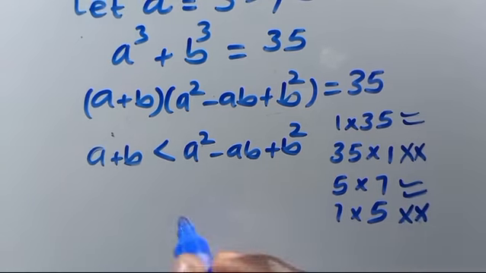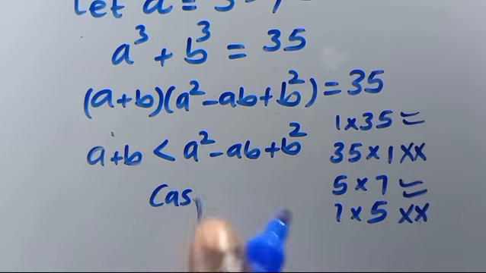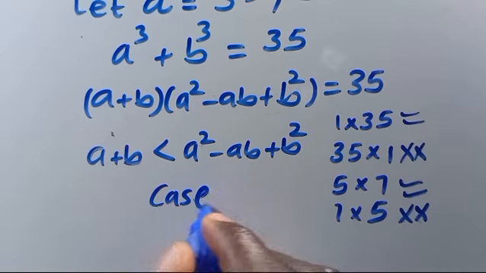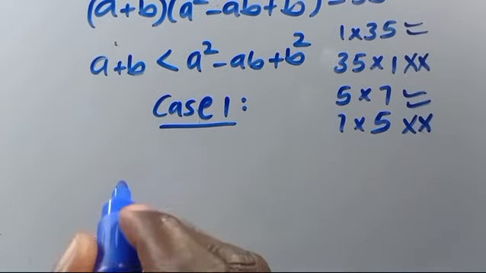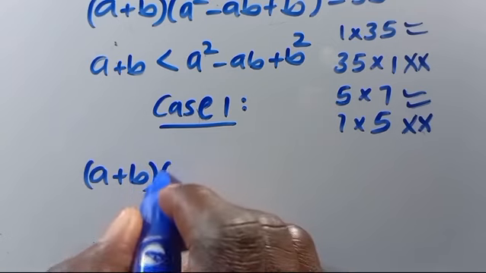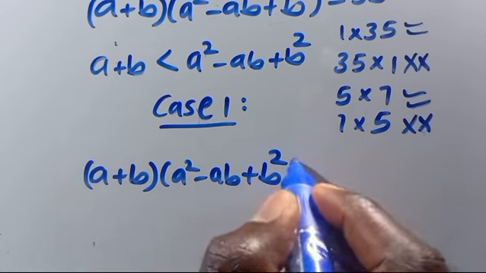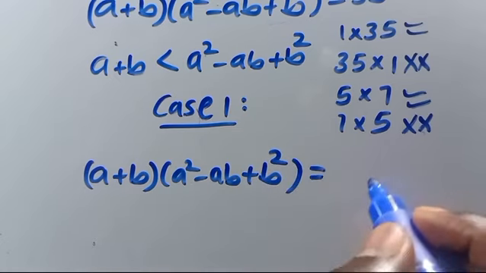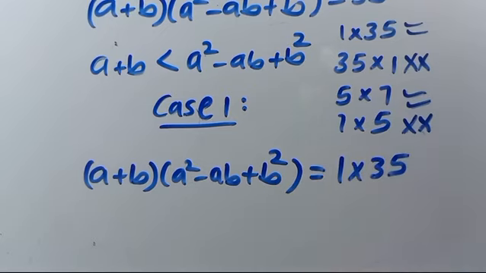So now let's say case 1, where we have a plus b times a square minus ab plus b square equals 1 times 35.